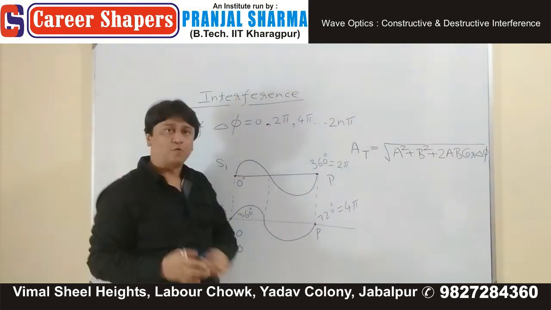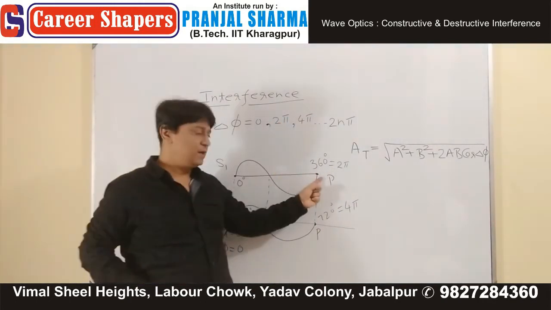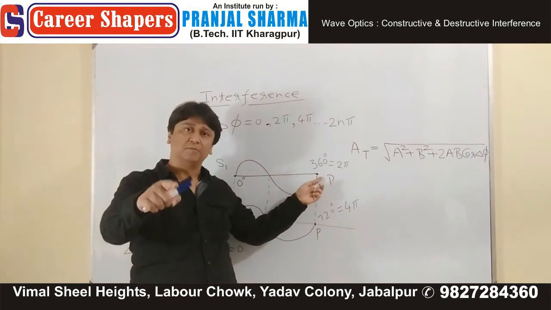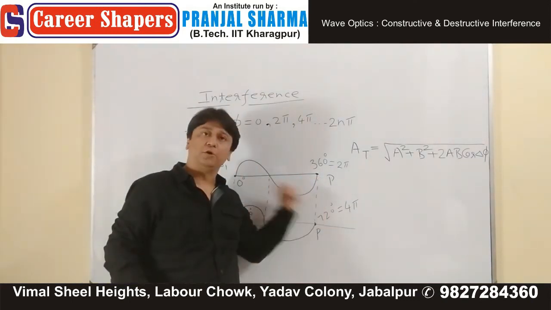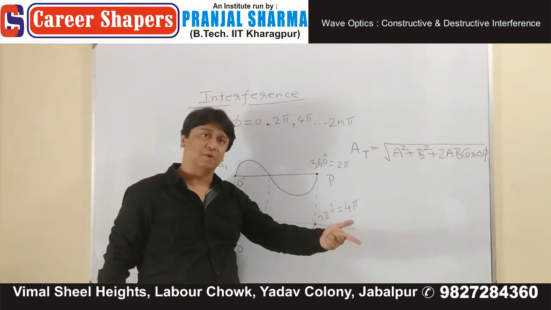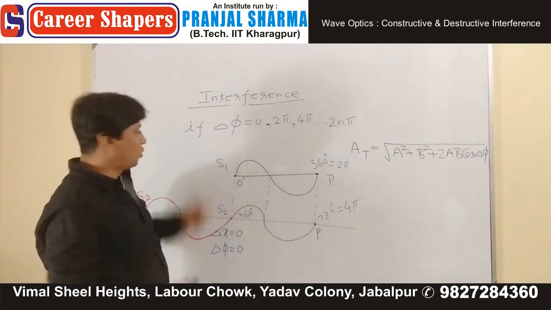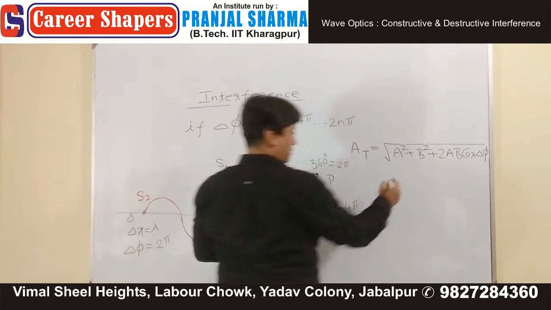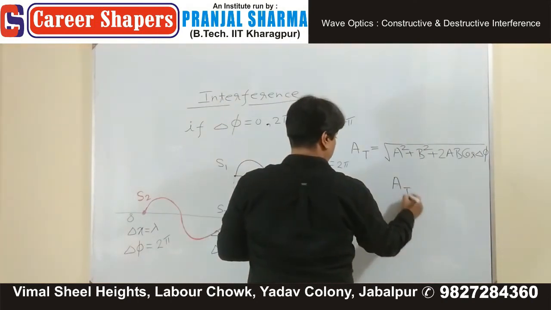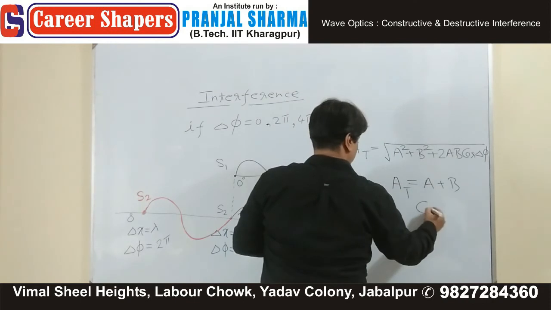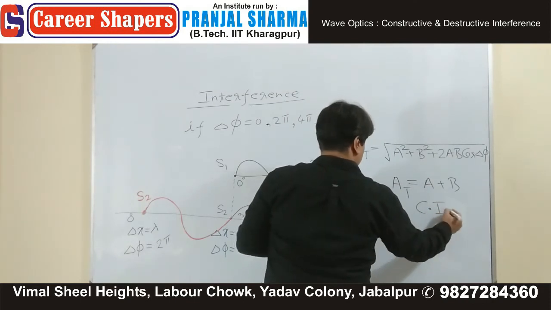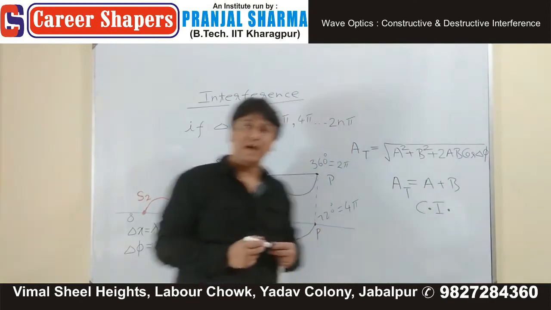Therefore, whenever at P the electric field is maximum, at that very instant the electric field at P due to S2 will also be maximum, giving us a total electric field of A plus B, which is called constructive interference.